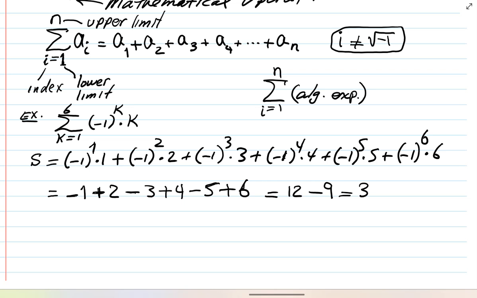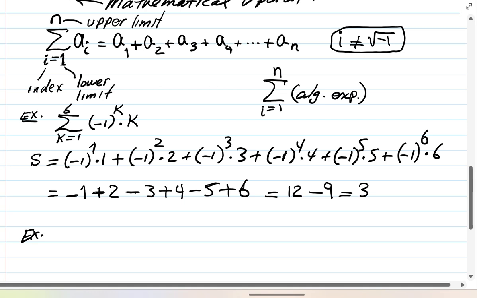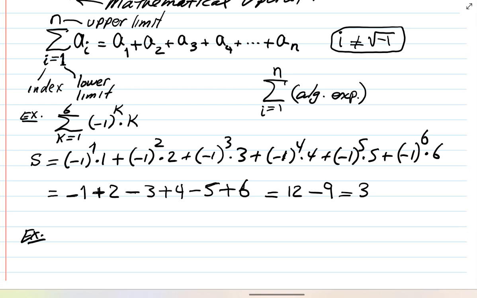Okay, let's take a look at something else now. How about one more example? Let's say in this next example, we're going to look at sigma. I'm going to use i, just like the book does again. Remember, i, j, k doesn't matter. i from 1 to 5 this time.